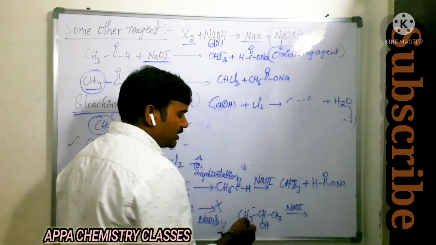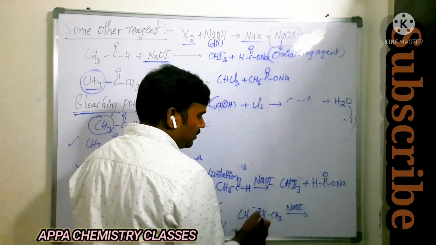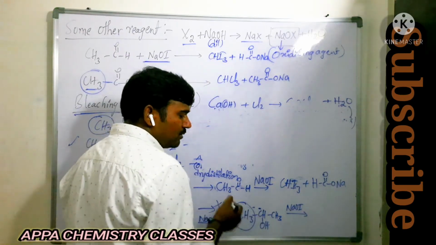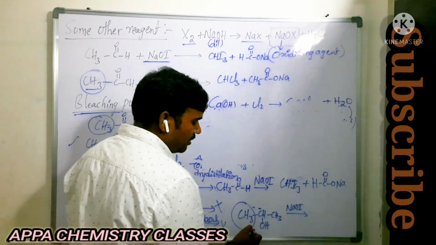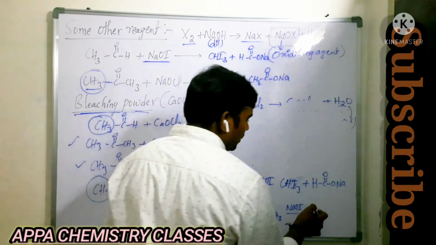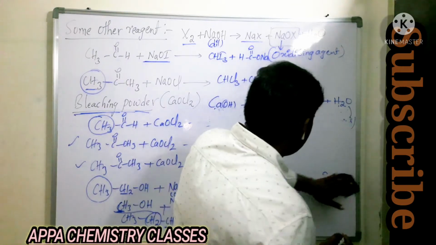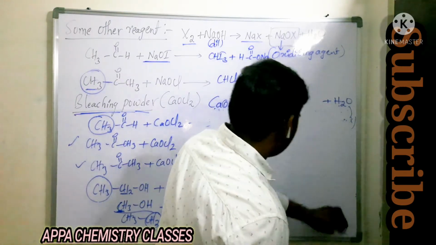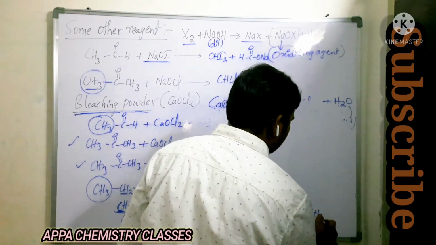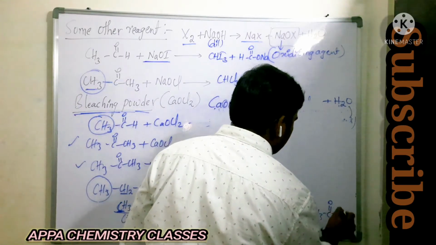In this case, this is the functional group carbon, and the adjacent carbons are methyl groups. So this secondary alcohol first oxidizes to ketone, C double bond O, CH3.